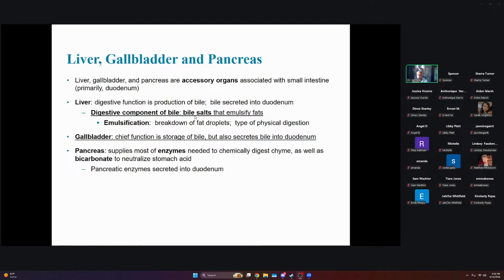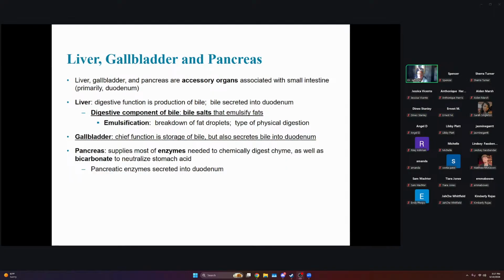A component of bile is bile salts, and bile salts physically digest fat. That's the example of physical digestion that happens from these accessory organs, the liver, the gallbladder, and or pancreas. Now, the liver can deliver bile via ducts. Remember, ducts are just tubes that carry something from one organ to another, in this case, bile.